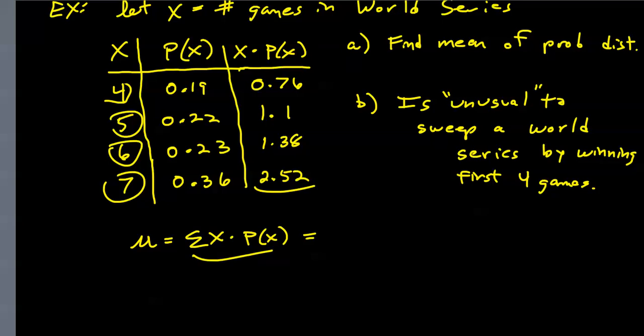So 2.52 plus 1.38 plus 1.1 plus 0.76 gives 5.76. There's my mean value for x. It sits around right about here, and judging by a first glance at that table, that looks like where it's supposed to be. So we found the mean of the probability distribution.